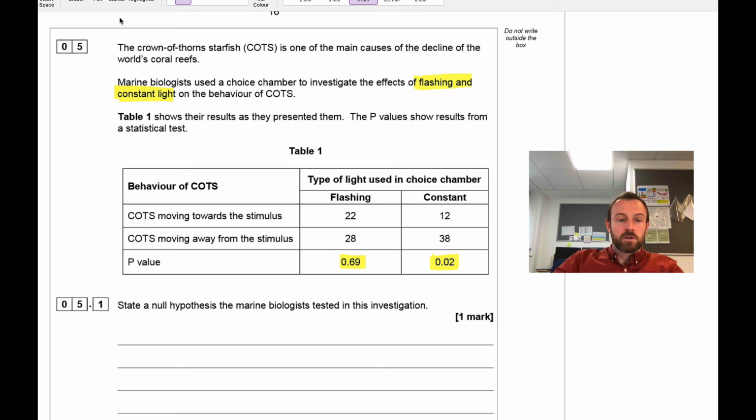That is significant. So probably, I'm guessing they used a chi-squared test here, because they would have just compared the observed minus the expected.